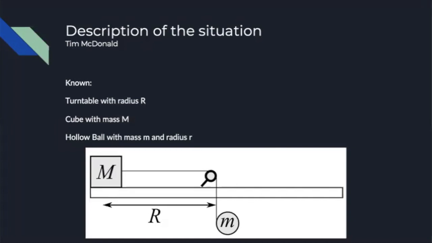There is also a string attaching the ball to the cube that is wrapped around a massless pulley in the middle of the turntable. Given all this information, we need to find the angular speed of the turntable.